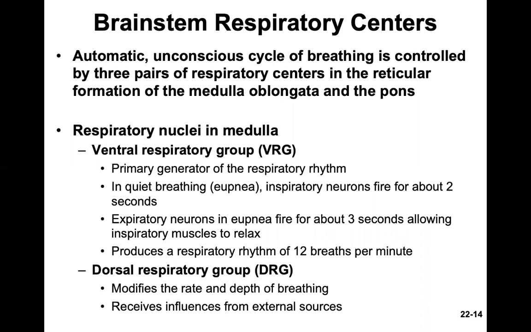In your quiet breathing, that quiet respiration, your inspiratory neurons will fire every 2 seconds or so. Your expiratory neurons will fire for about 3 seconds, allowing those inspiratory muscles to relax.